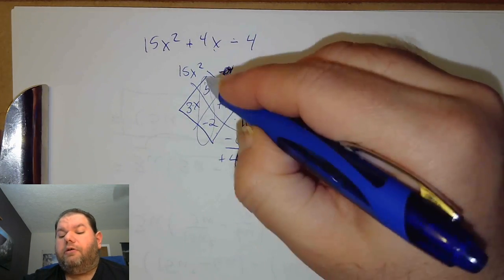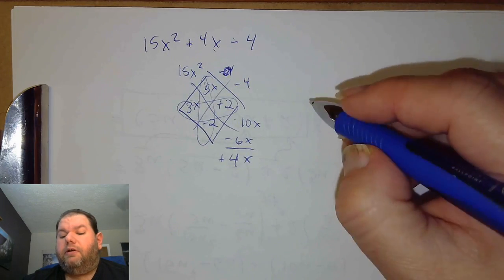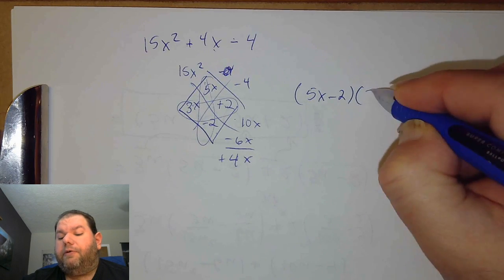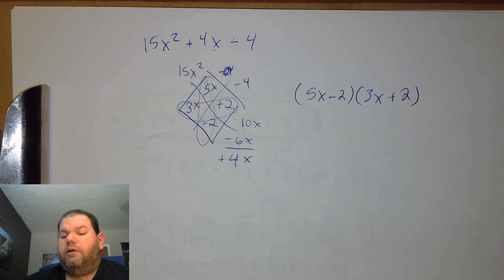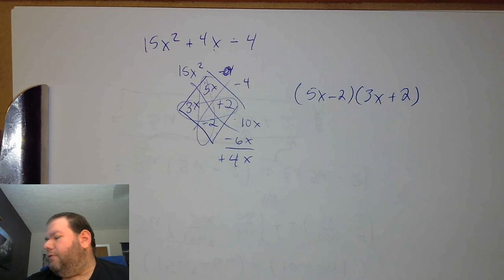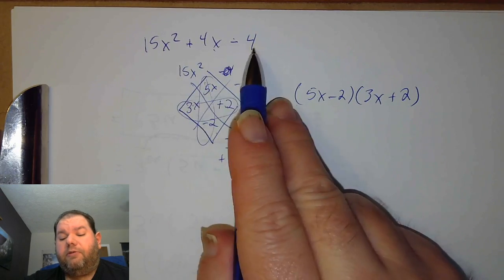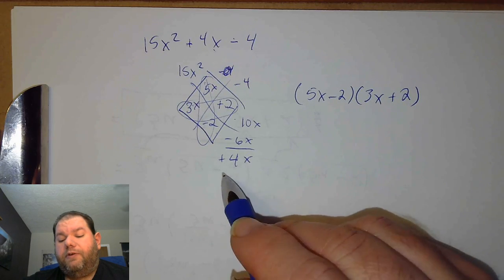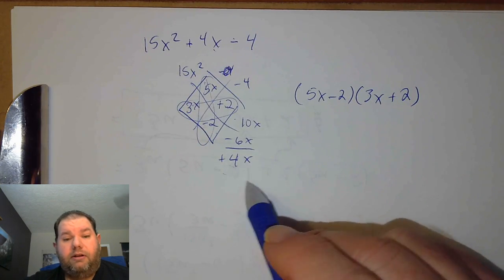And then we pair up our binomials vertically and horizontally, so we end up with 5x minus 2 times 3x plus 2. So there's a way to do that, and I don't know if I'm showing you the correct way or one way, but it's really based on guessing and checking. We know that we have to have 15x squared minus 4, but which combination is going to add up to the 4x that we have in the middle.